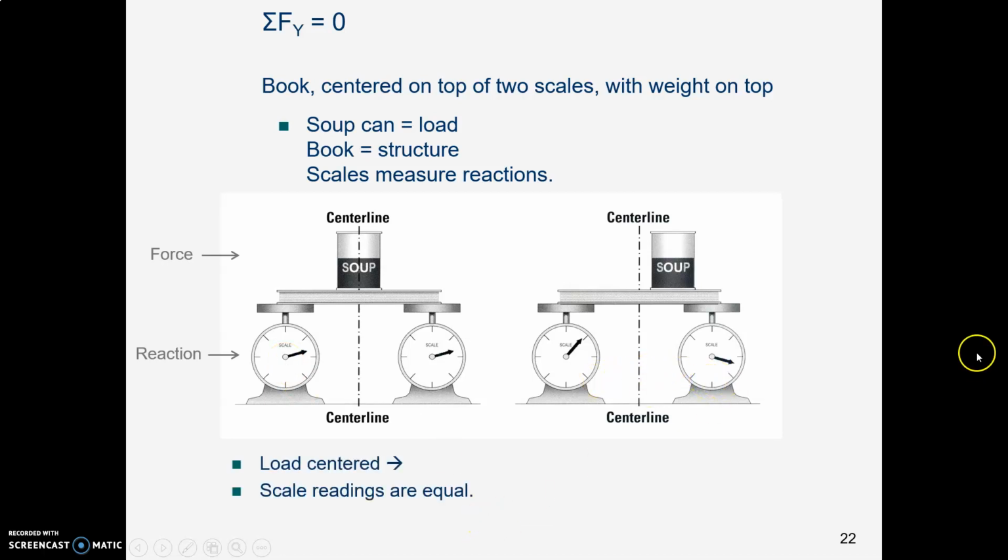Well, you can also put the thing off center, and now you still have an equal and opposite reaction pushing back up. It's just that one of the scales is holding less weight, one of the scales is holding more weight, but together they're going to add up to that same 10 pound load.